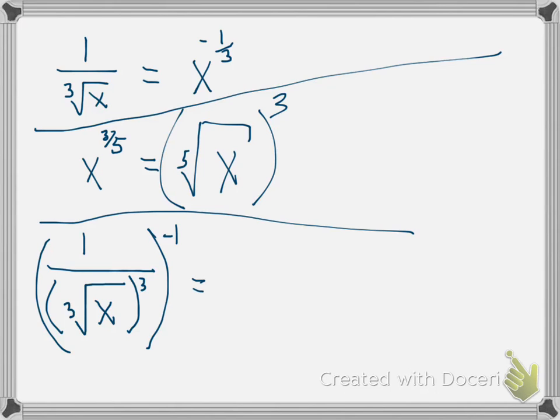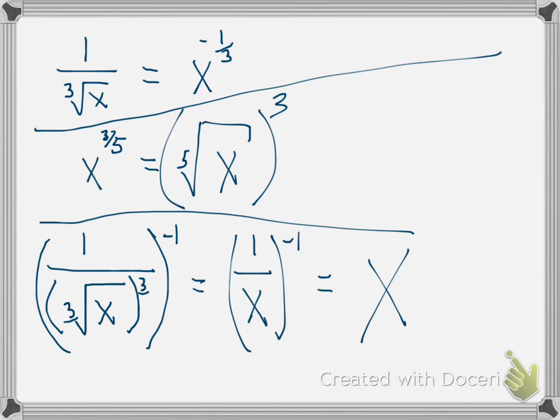Well, the cube root and the 3rd power cancel each other out, so I've got 1 over x raised to the -1 power. To get rid of that negative exponent, I flip what's inside the parentheses, and I get just a plain old x. And that's all there is to that.